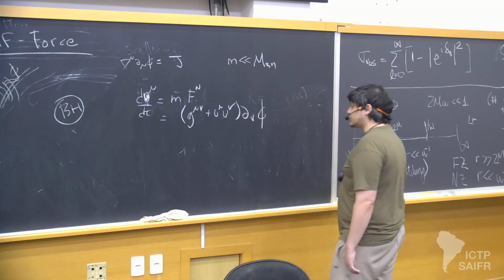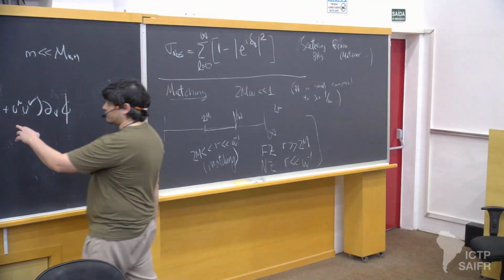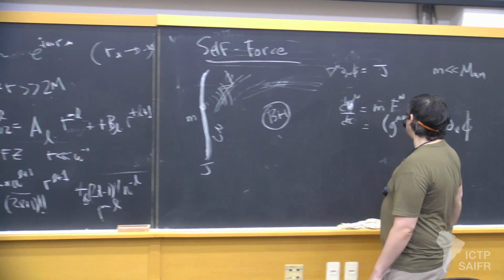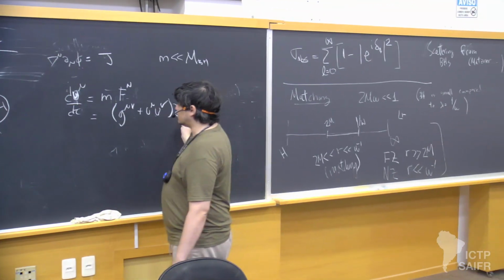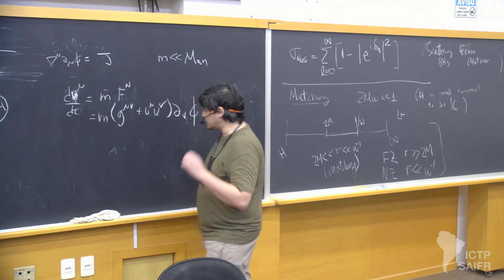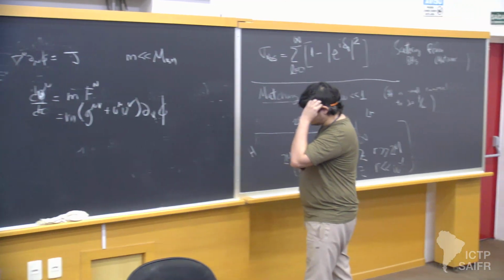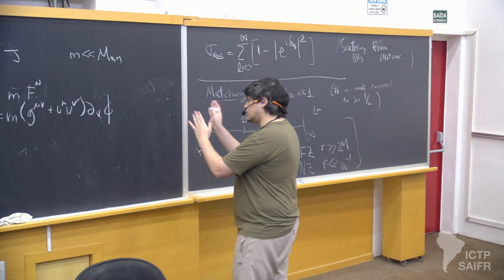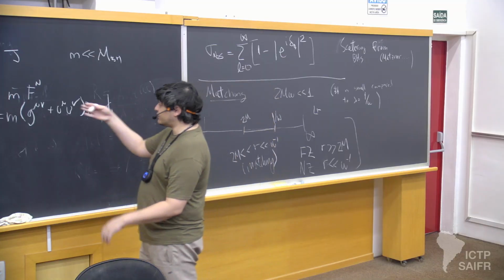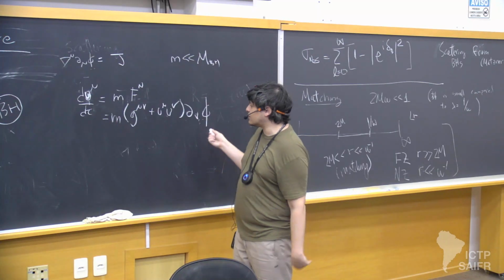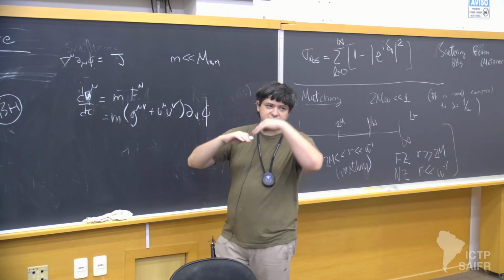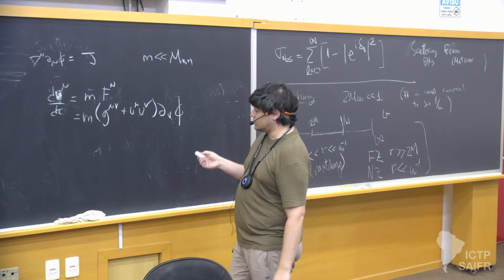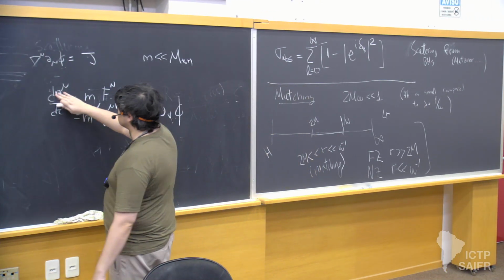It's going to be some projection of the velocity on the gradient of the scalar field, right? So if you were in flat space and the source was static, what this does is it removes the time components, and so you just get the usual field.